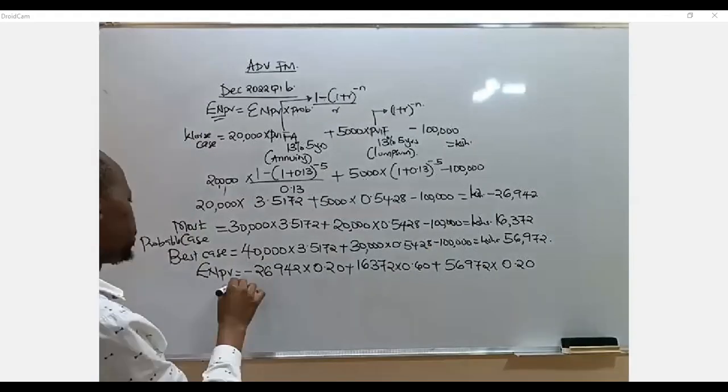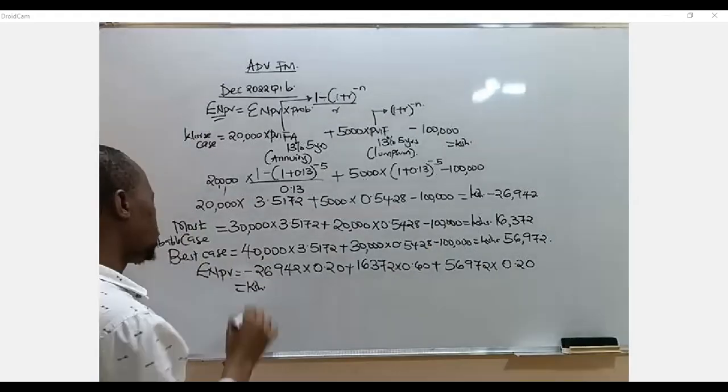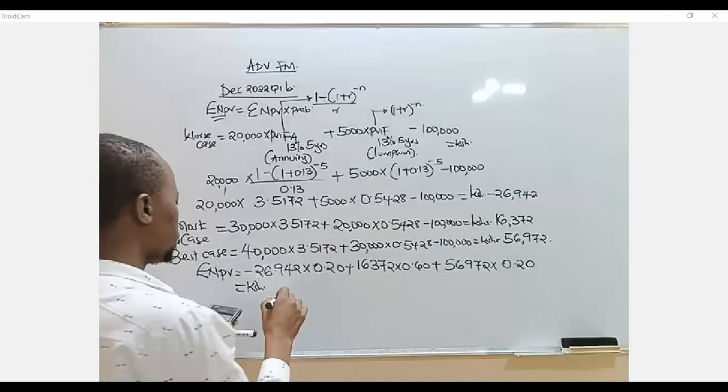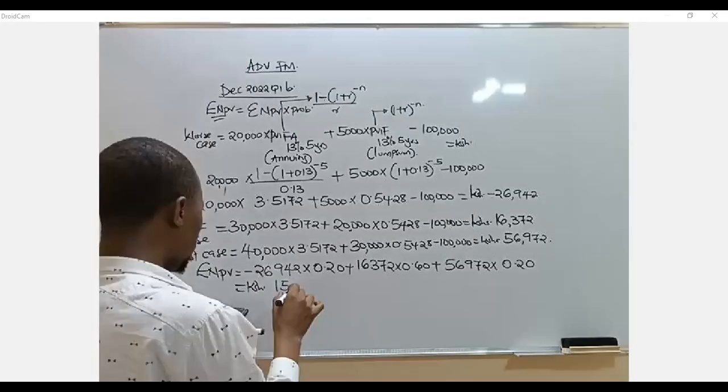So what is the expected NPV? The expected NPV will be negative 26,942 times 0.20 plus 16,372 times 0.60 plus 56,972 times 0.20, getting 15,829.2.